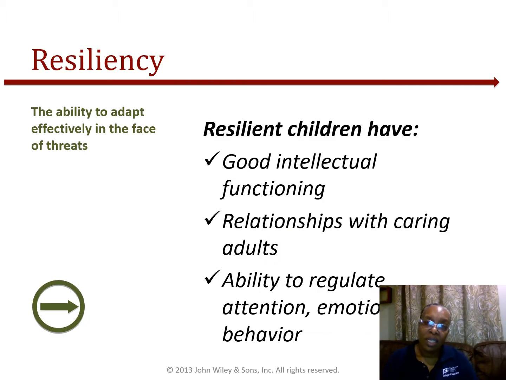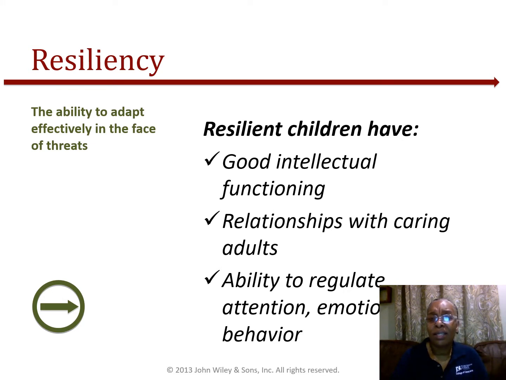Now, resiliency. Resiliency is being able to adapt to anything that comes at you. Okay? Despite the odds, there'll be some children who are able to survive and even prosper in the worst situations. Okay?